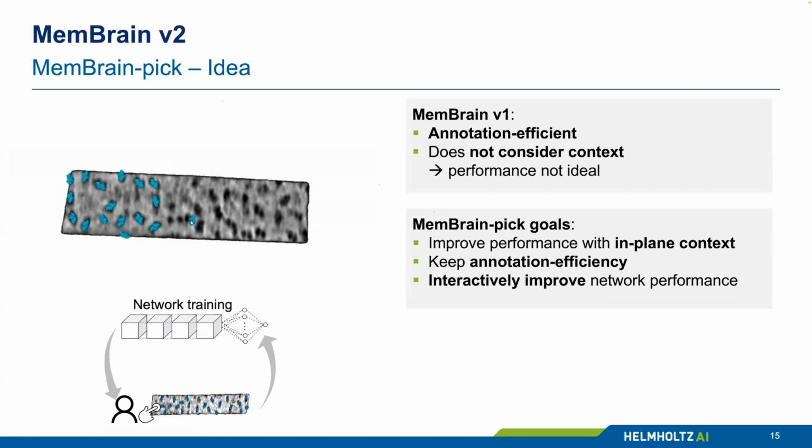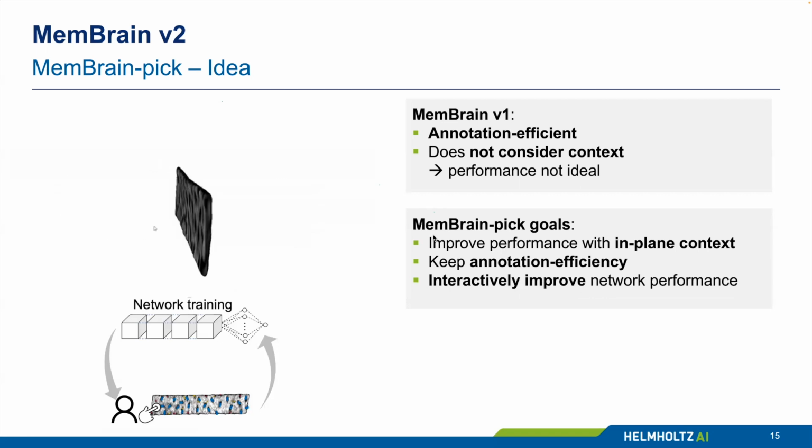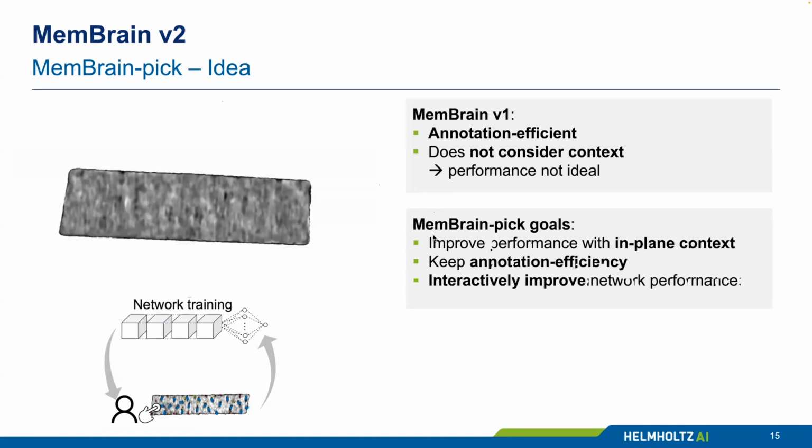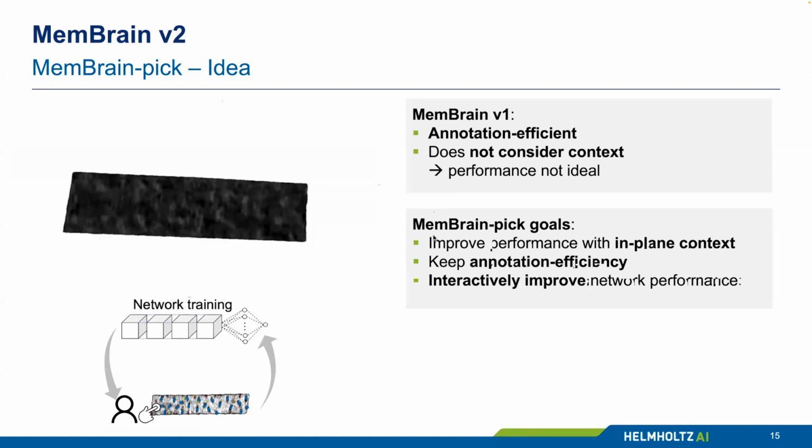And the main important thing, I think, is that we wanted to make it just much easier to use. So what we wanted to do is really have it head-to-head with an annotation software, so you can really easily go back and forth between the training and the annotation of membrane proteins. And that's what we did.